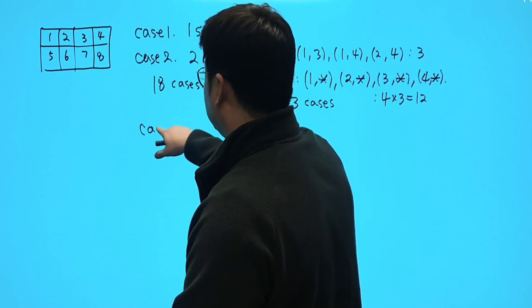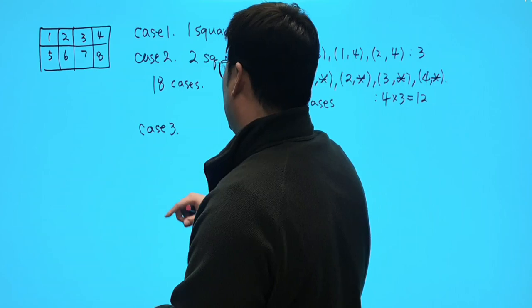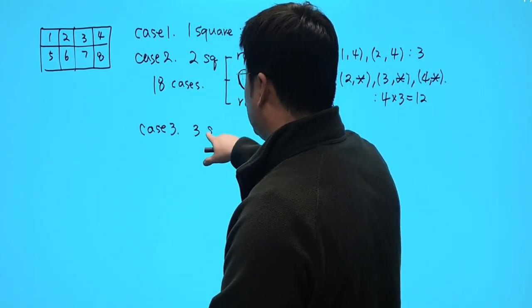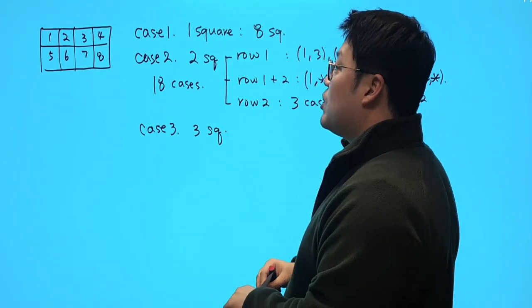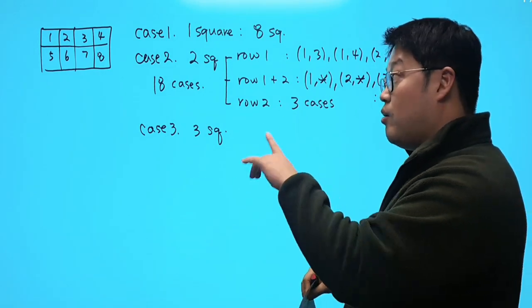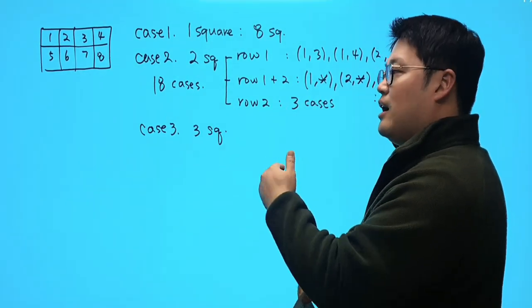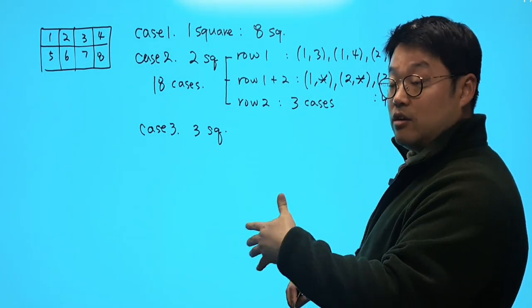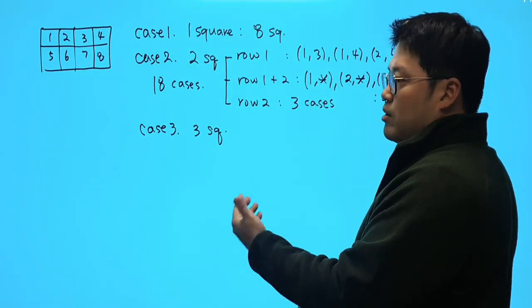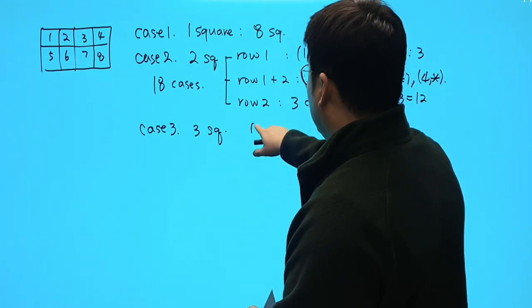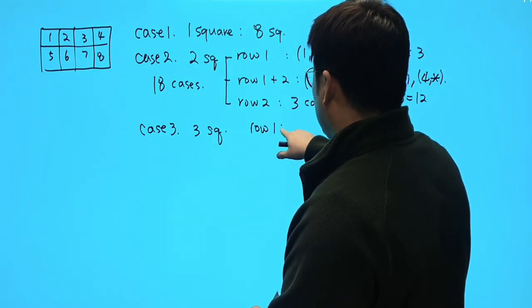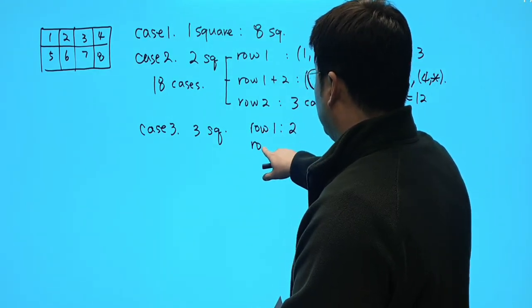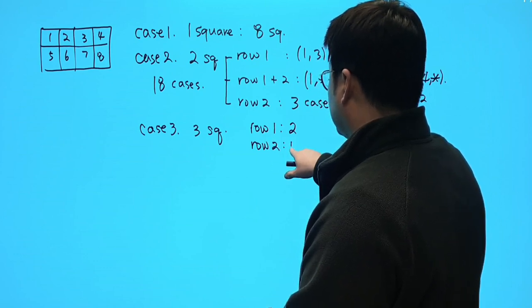So case number 3. What if I have 3 squares? Using the pigeonhole principle, at least one of the rows will contain 2 shaded squares. So it could be row 1 containing 2 and row 2 containing 1.